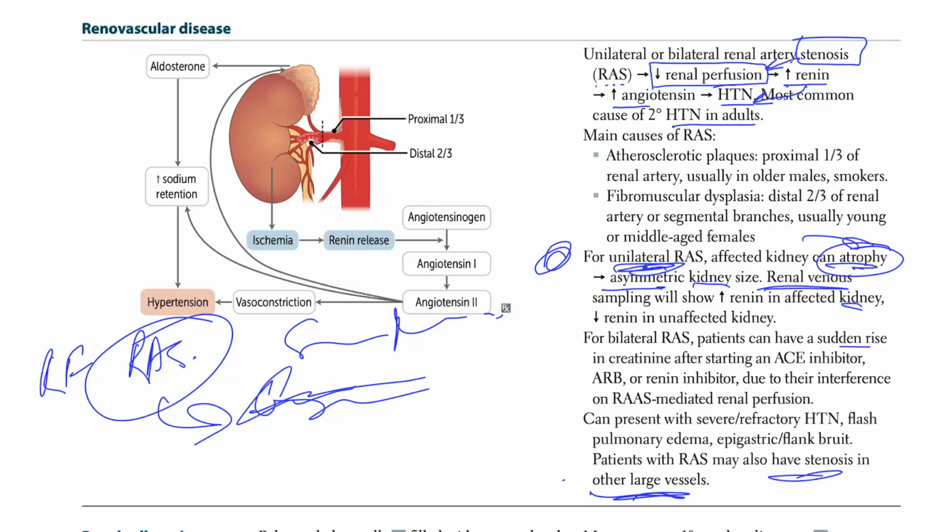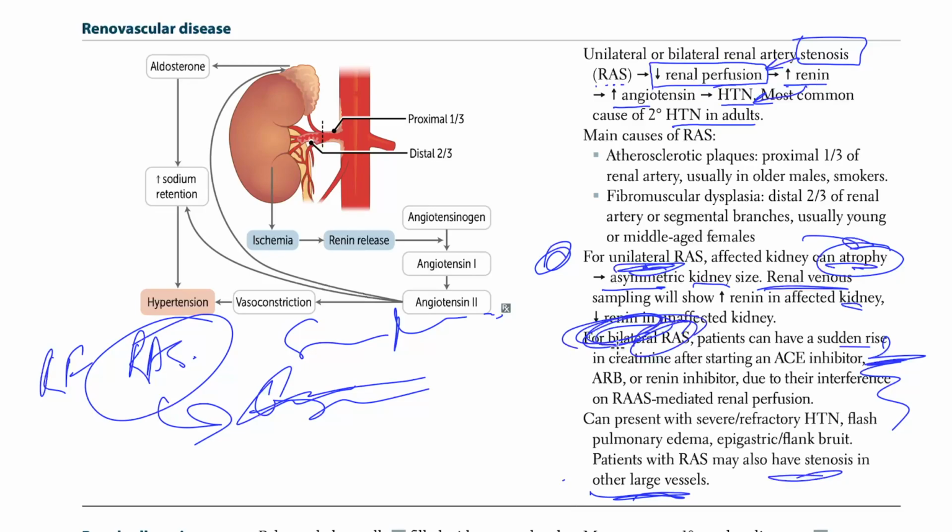As we talked about, we are going to be cautious using ACE inhibitors, ARBs, or any renin inhibitors with bilateral RAS, as these types of patients depend upon efferent vasoconstriction by the angiotensin II to maintain their GFR.